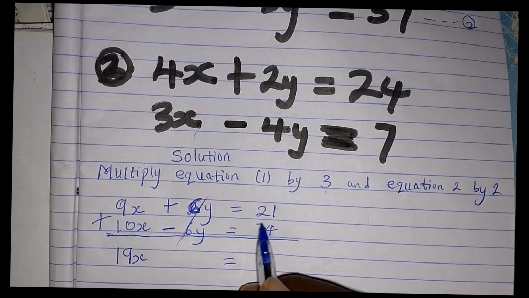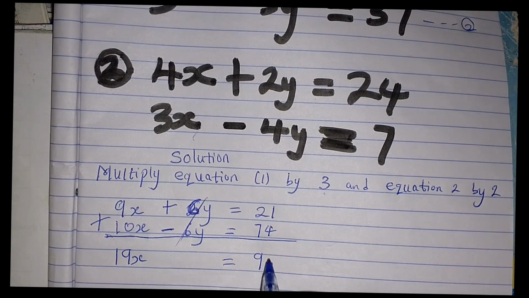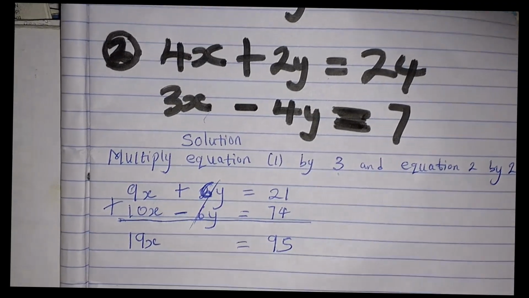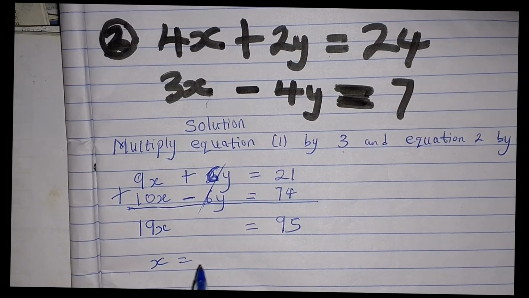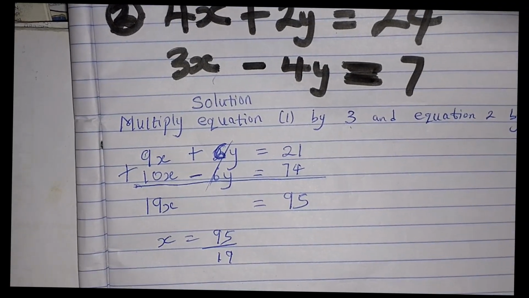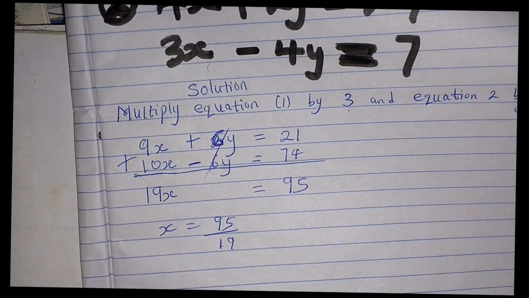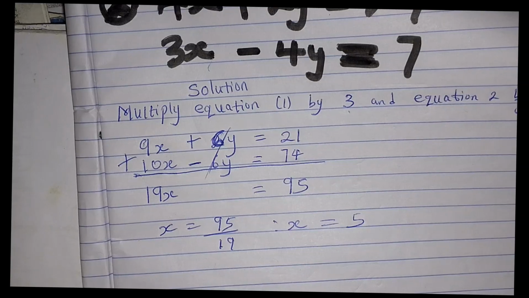And then 21 plus 74 is 95. So to get x, we simply say x equals 95 over 19. And so when 19 divides 95, our x becomes 5.